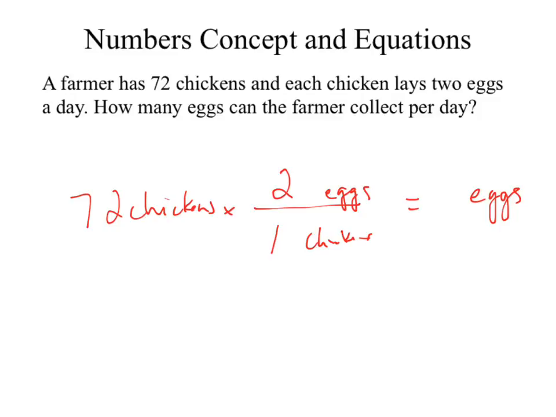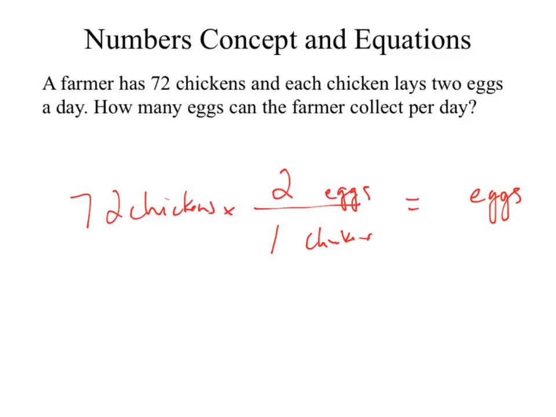You tell him 144 eggs, he's going to chase you off the property because he has no idea what you're talking about. Give him that number in such a way that he can now understand it. What are you suggesting? 12 dozen. What is a dozen? 12 eggs. Interesting. You can tell him that a dozen is 12 eggs. A dozen is less than 20.